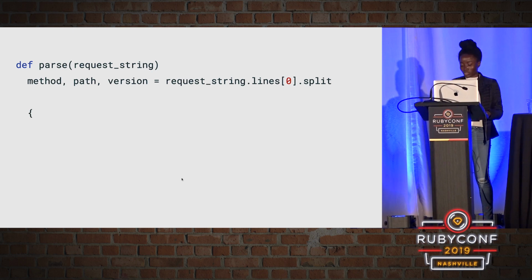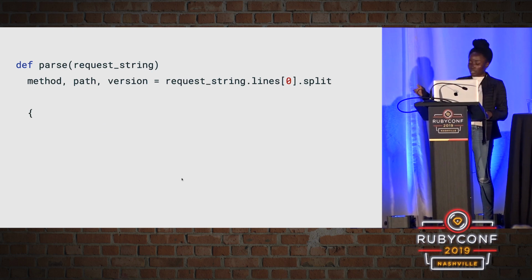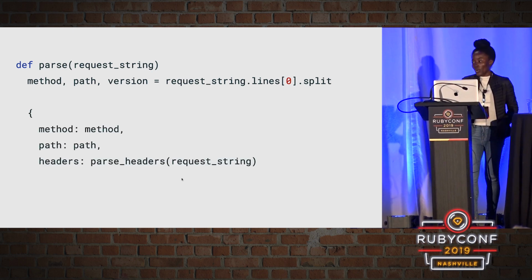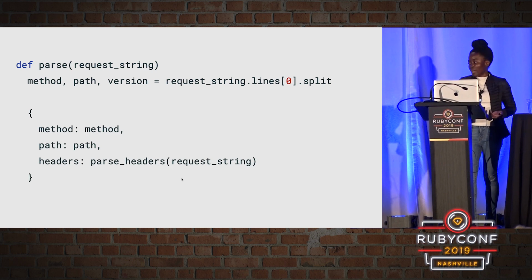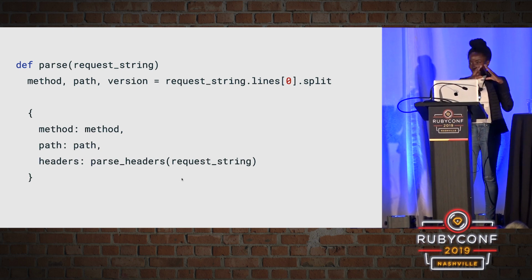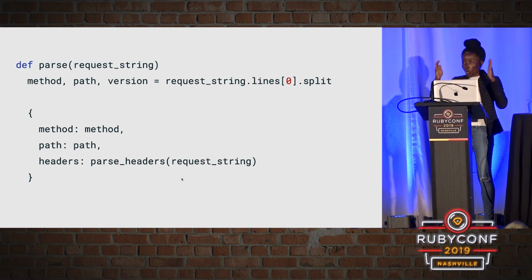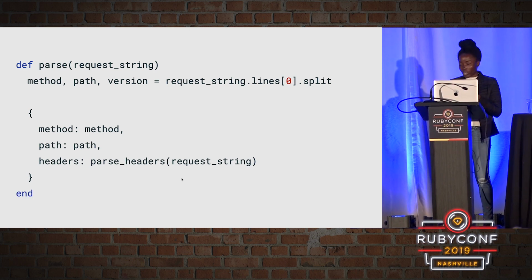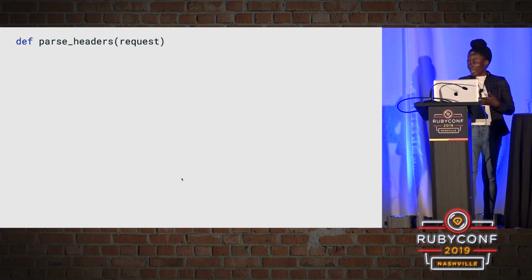And then we want that parse method to return a hash with the method, the path, and the headers. For the headers, we need to parse a little bit more, because the headers need to be made up of a hash of key-value pairs, so you know what is in the header that your HTTP request has.